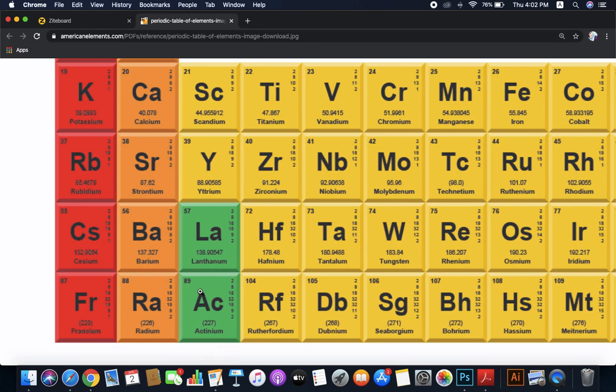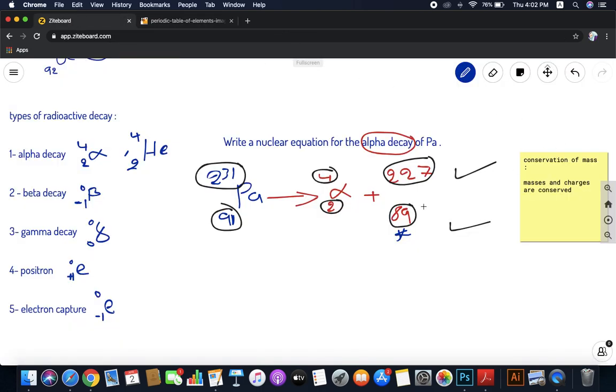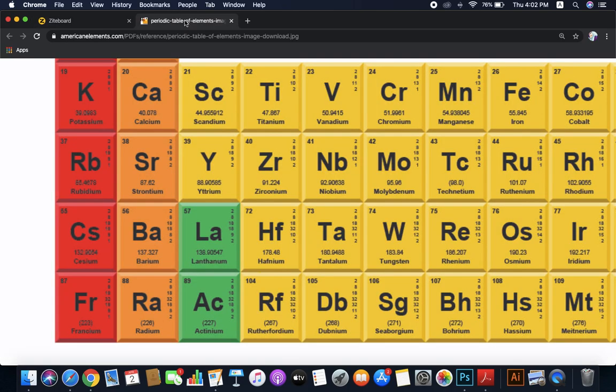Yes, it's actinium, so it's Ac. We used 89 because the periodic table is organized depending on the number of protons. Here 89, 88, and so on.